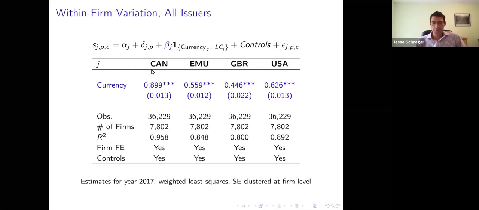Looking at the coefficient for Canada, if a security is issued in Canadian dollars, Canada will account for essentially 90% more of the amount outstanding than it would if it were in any other currency. Here I only report the Euro area, Great Britain, and the US, but across the board for our countries, you find this strong home currency bias.